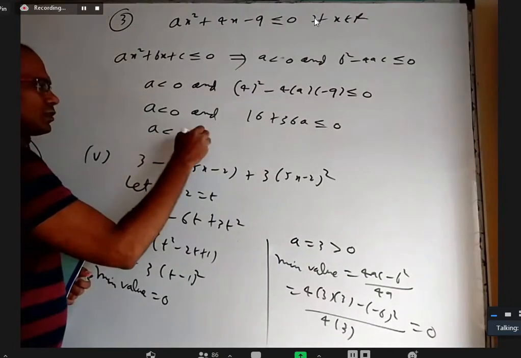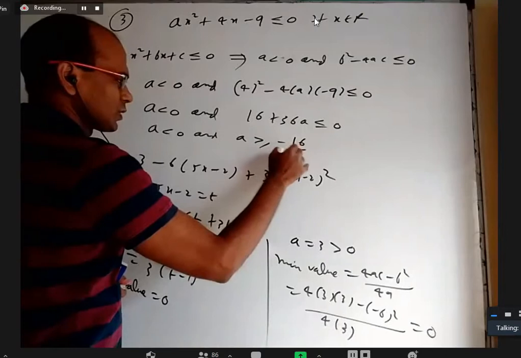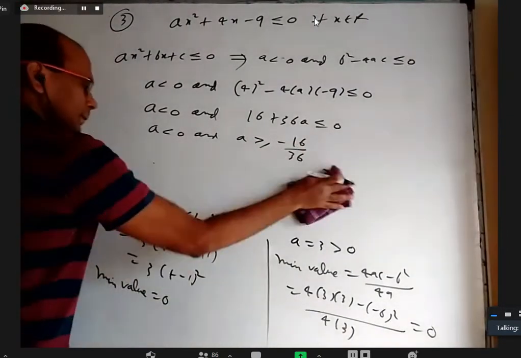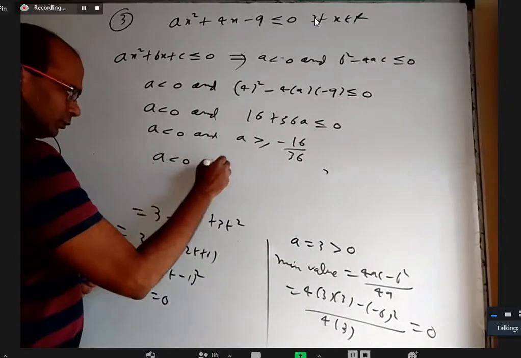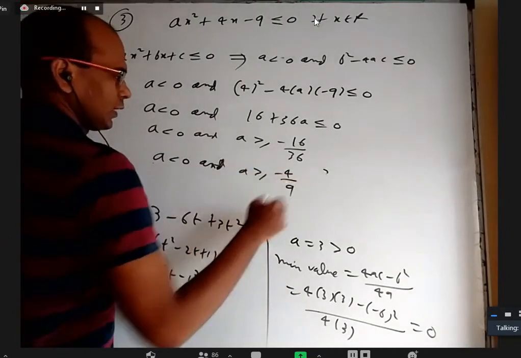A less than 0 and a is greater than or equal to minus 16 by 36, that is minus 4 by 9.